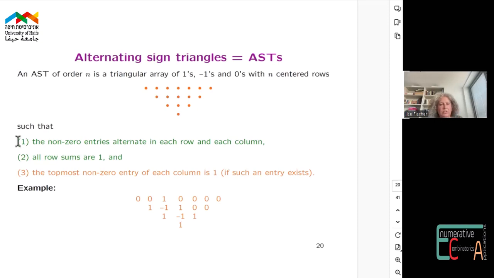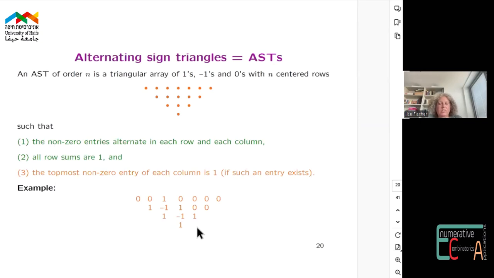And the first two conditions you know already. So the non-zero entries alternate in each row and each column. Then all row sums are 1. For columns, this is not what we want. So for columns, we want something else. So for columns, we have the condition in orange. So we want to have that the topmost non-zero entry of each column is a 1, if such a non-zero entry exists at all.